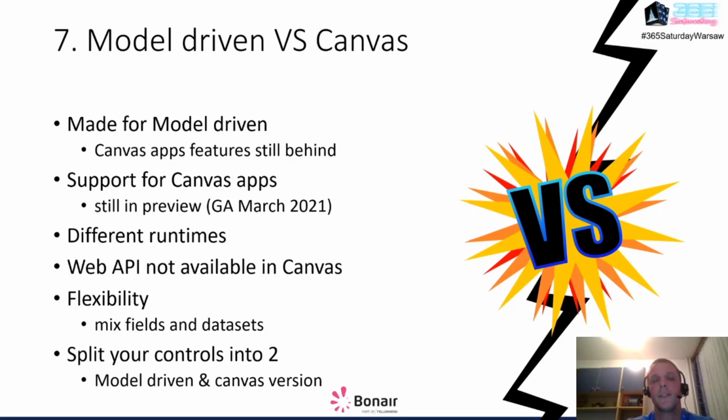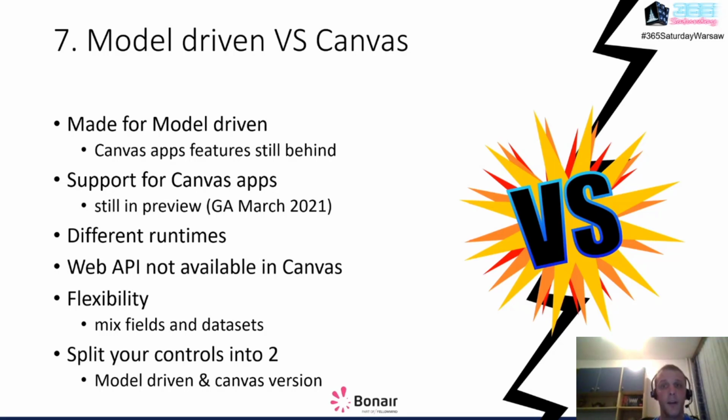No, you are just testing that version for the model-driven app and another version for the Canvas. So if you are building a control for both Canvas and model-driven, split them up, and that's the way to go.